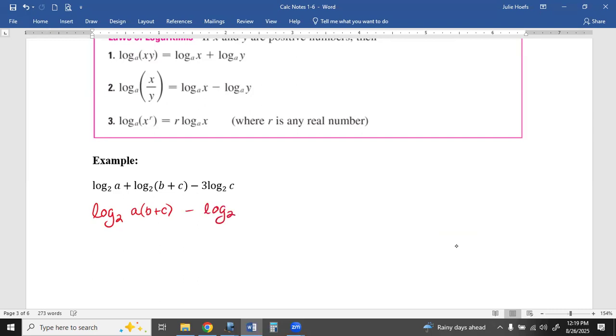So let's move the 3, where the 3 is out in front, so it goes as a power here. So it's c cubed. And now, yes, we'll divide. So this is log base 2 of, I'm going to go ahead and multiply through by that, ab plus ac over c cubed. So that's as a single logarithm. Oh, I said cubed and I wrote a 2. That's c cubed, not c squared.